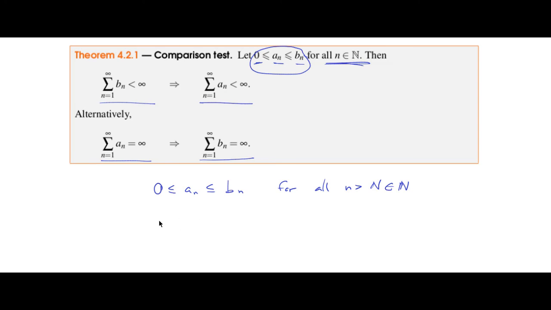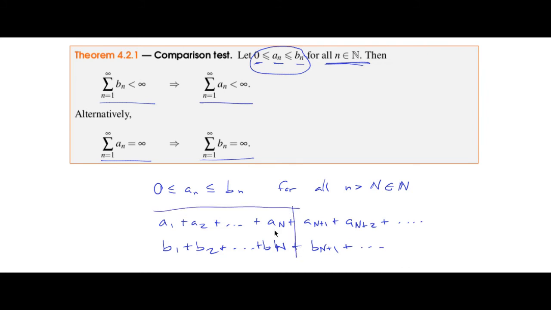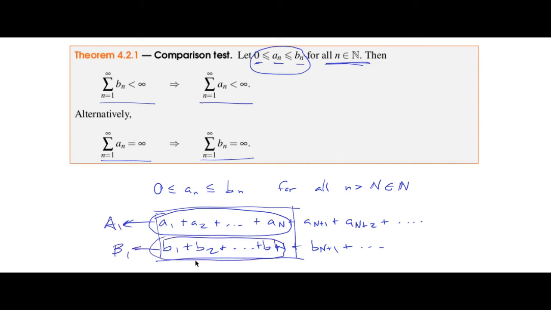So if you have, for instance, a sub 1 plus a sub 2 plus and so on plus a sub n, and then a sub n plus 1 plus a sub n plus 2 and so on and so forth, right? And then you have b sub 1 plus b sub 2 plus up to b sub n plus b sub n plus 1 and so on. Okay. Well, we don't care about these first terms, these terms will be equal to something. Let's call it a sub 1, and these terms will be equal to something. Let's call it b sub 1. Okay.